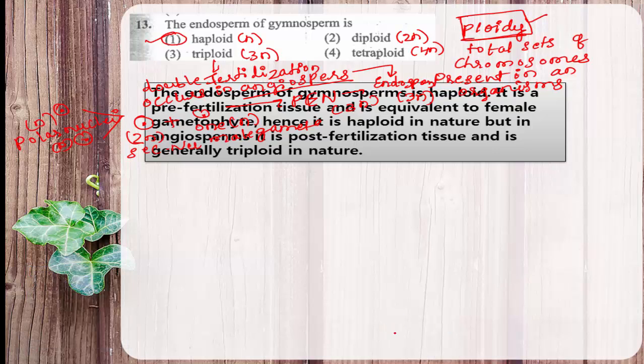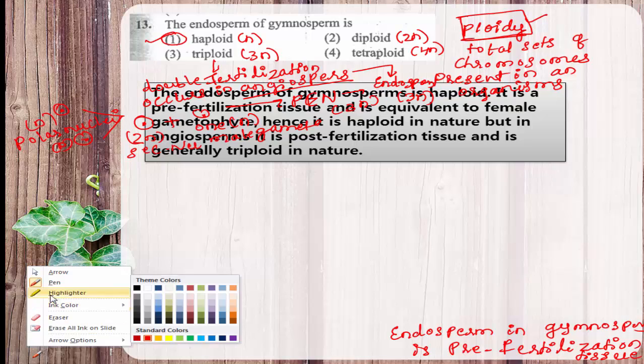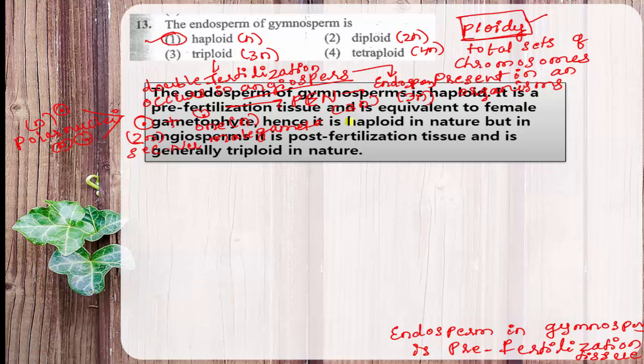The endosperm in gymnosperms is pre-fertilization tissue. Pre-fertilization tissue means produced before the fertilization itself. Before the process of fertilization only, the endosperm is produced. Therefore, endosperm of the gymnosperms is haploid in nature.